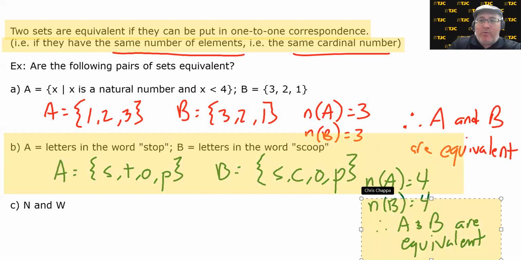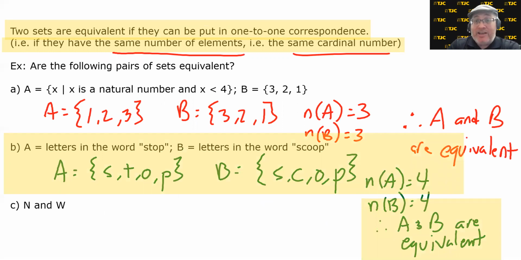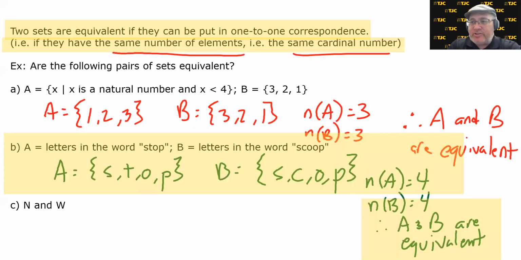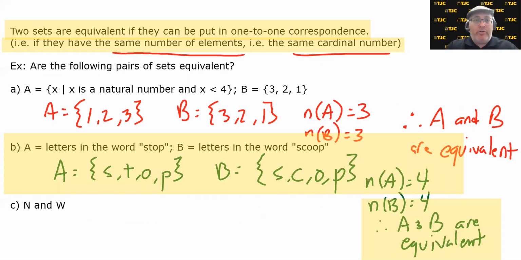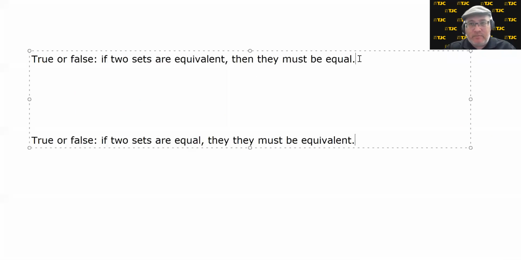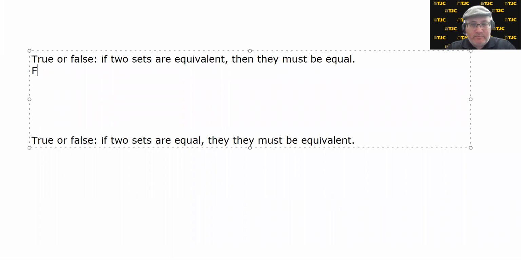So let's go back to that question. If 2 sets are equivalent, A and B, the green A and B are equivalent, then they must be equal. Were those 2 sets equal? No. So in terms of true or false, this statement is false.